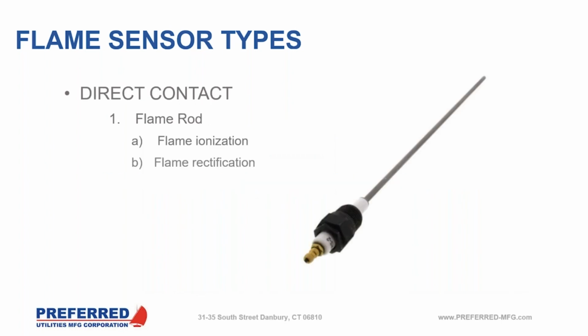Now, if we talk about direct contact sensors, this is most primarily going to be the flame rod. This is a method that's used a lot of times in makeup air applications, but it's referred to as flame ionization or flame rectification.